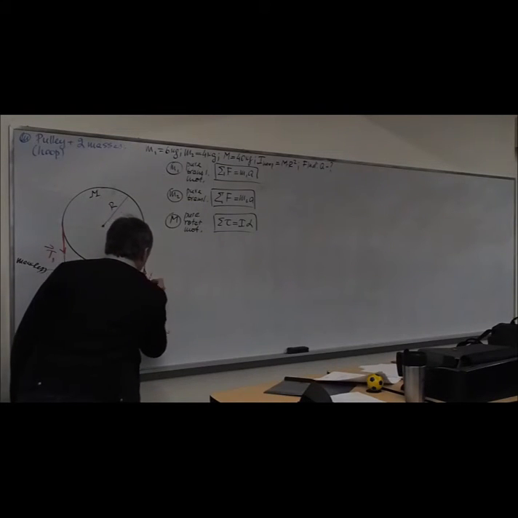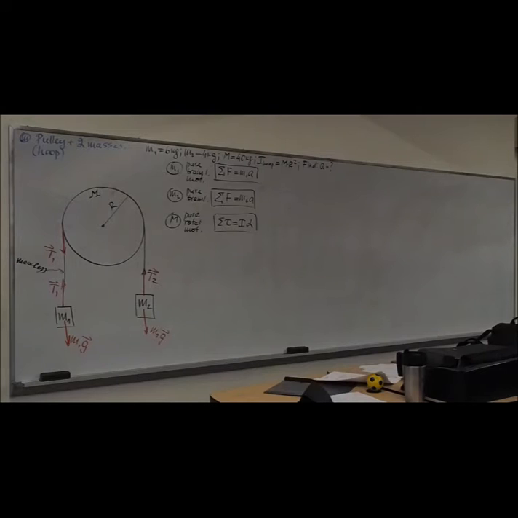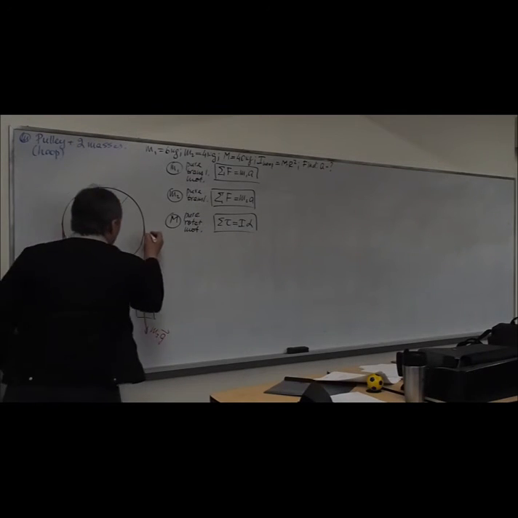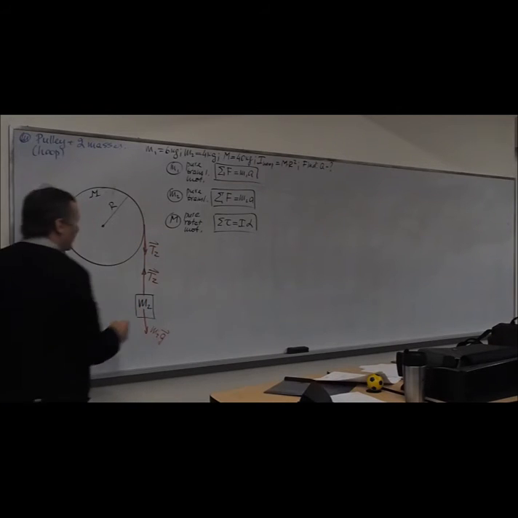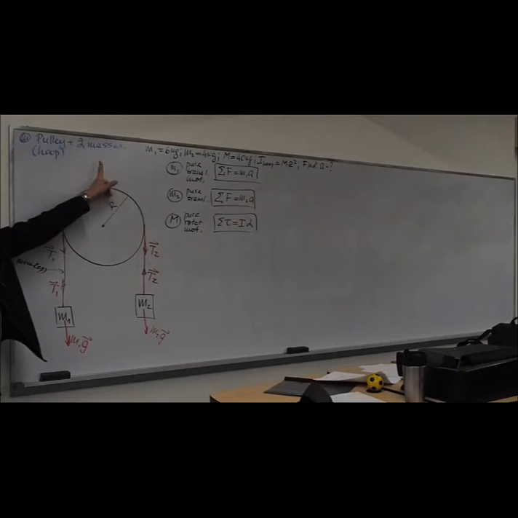And this I will label T2 because it's on that second side of the system around mass M2. And again, this cord is still massless, so over here I will have T2. But again, tension on this side and tension on that side of the pulley must be the same in general situation. Of course, there is also gravity acting on the pulley, which will be balanced by the normal force from the axle.